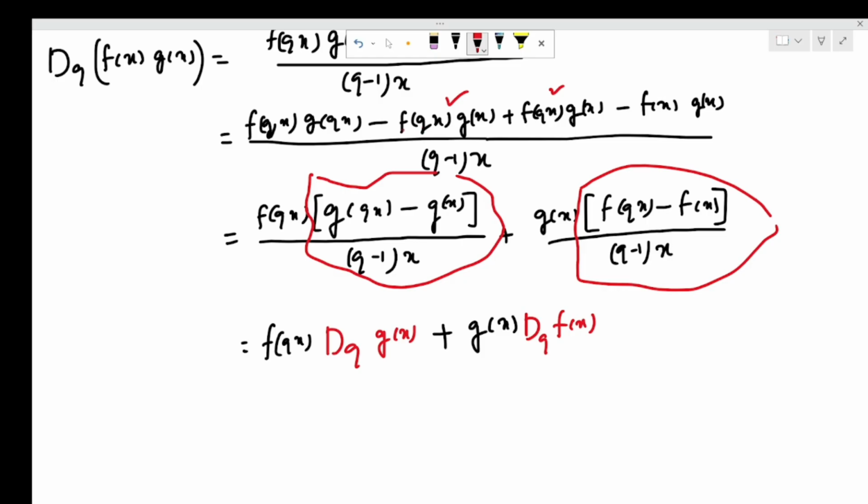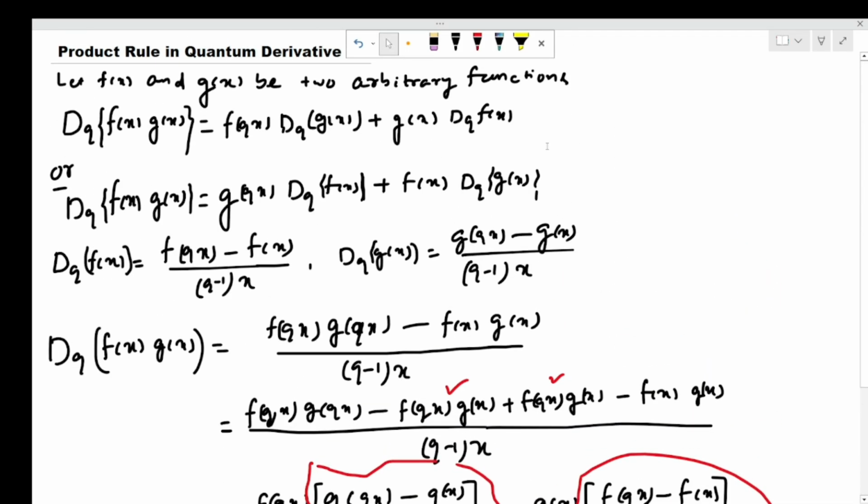If instead I subtract f of x, g of qx and add f of x, g of qx, then the other form comes, as you can see here. So this is the first one we have got.